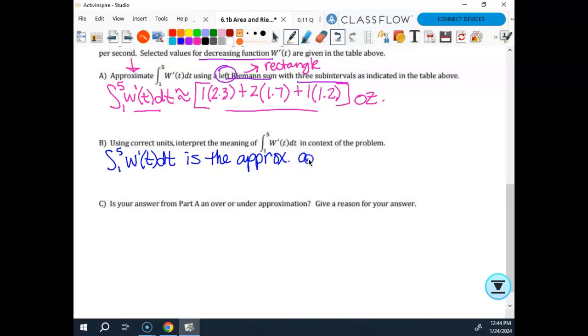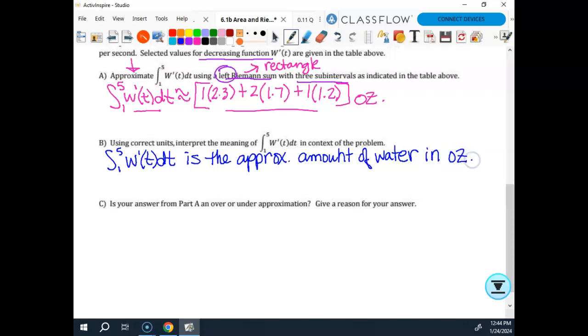Approximate amount of what? But ounces of what? Water. Or I could have put ounces of water, or that probably would have made more sense. Of water in ounces.